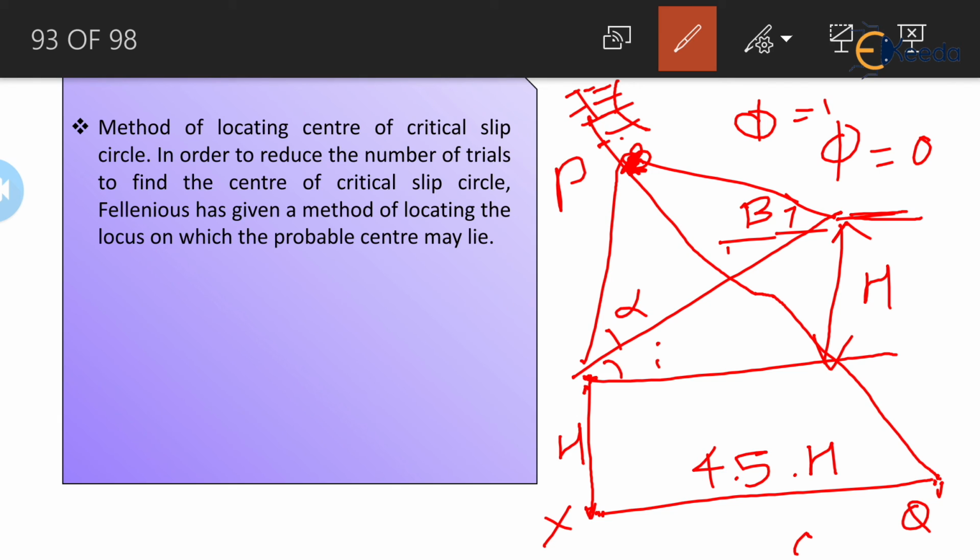In that manner you can locate the center of a critical slip.